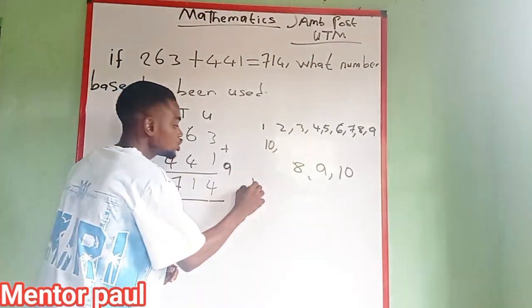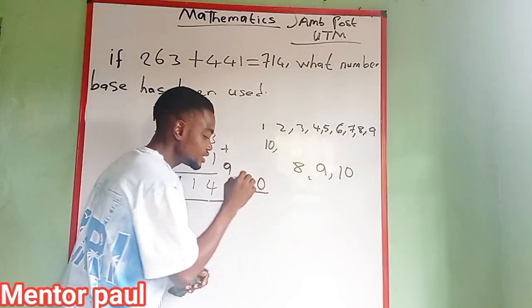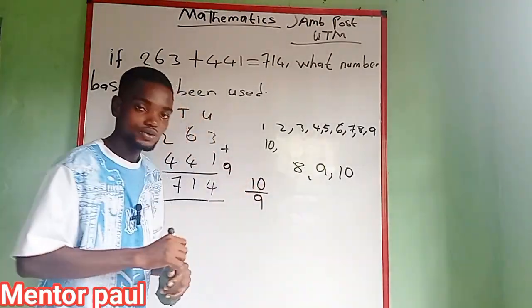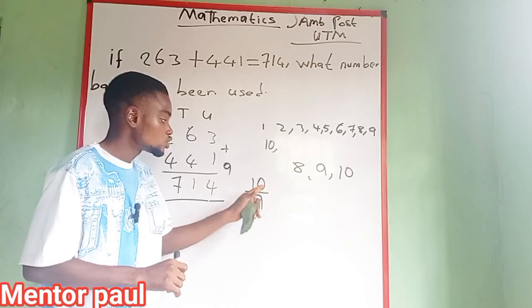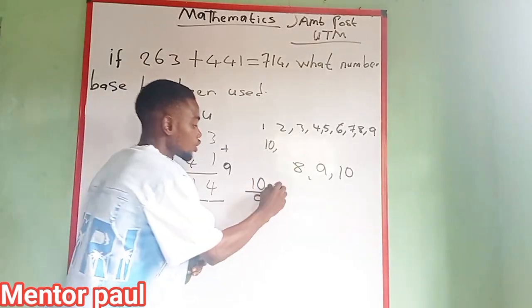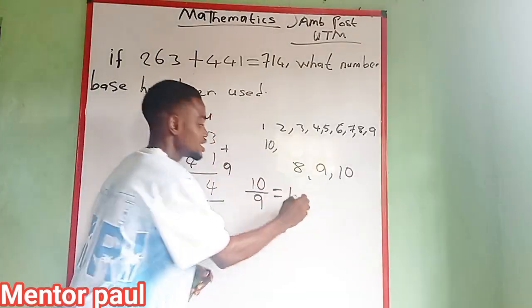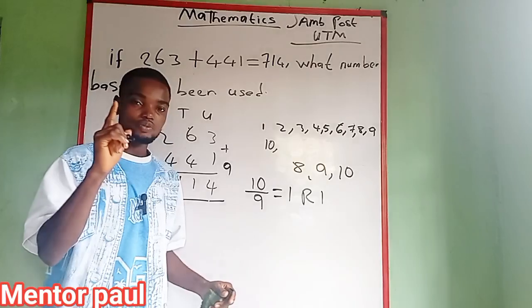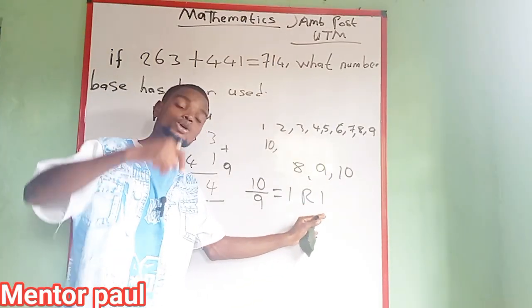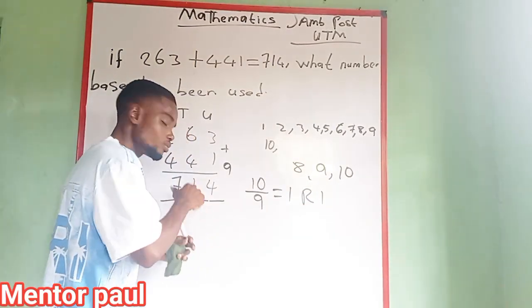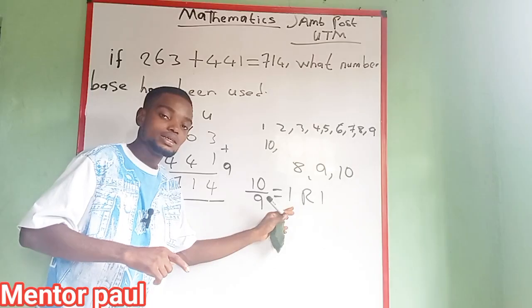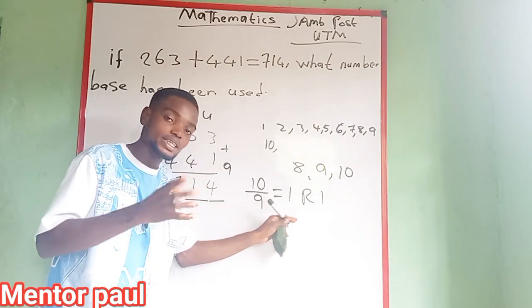So what we need to do, we're going to use that 10 and divide it by the base, which is 9. So 10 divided by 9, we are going to have 1, remainder 1. And like I told you, the remainder we're going to write on this column and carry the number they share.